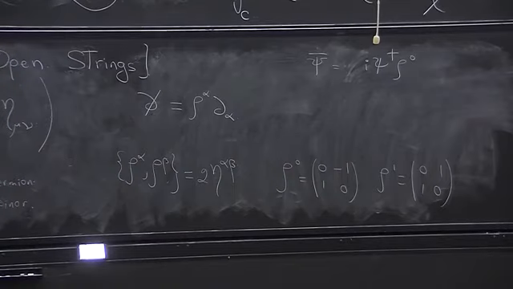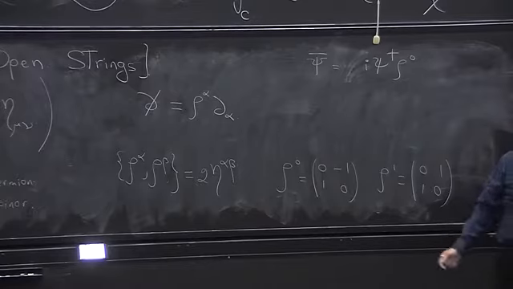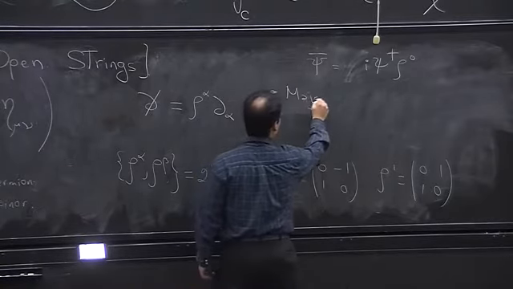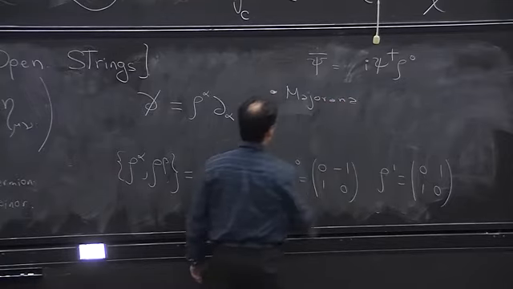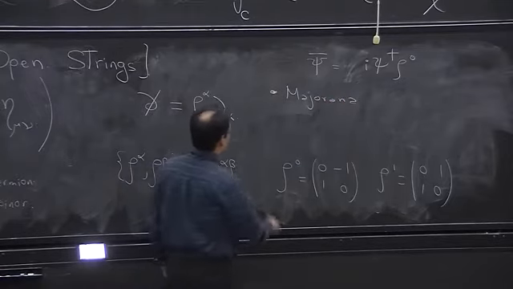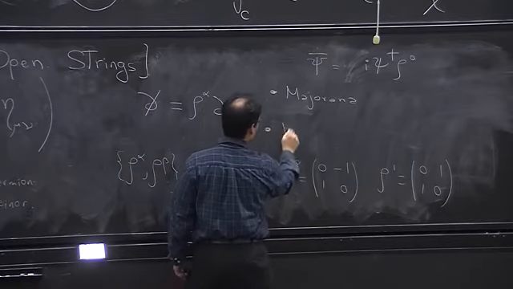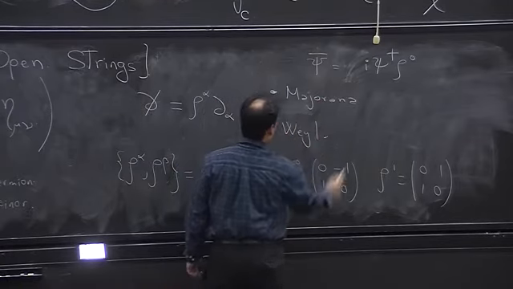So you know that there are spinors. When we have spinors, we can impose different conditions, right? We can ask for the spinors to be Majorana. We could also impose them to be Weyl.